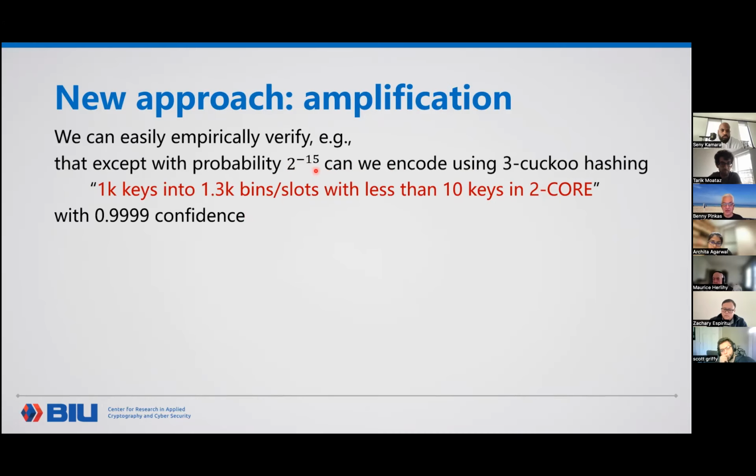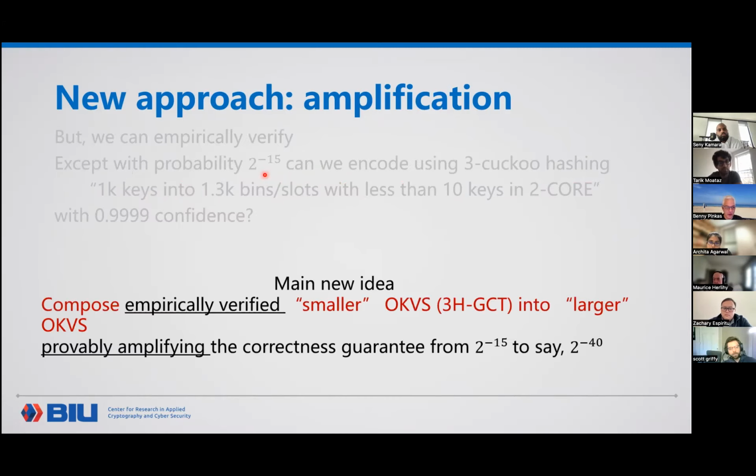This we can very easily verify, because this just means running like 2 to the 15 or maybe 2 to the 20 experiments. And the experiments are with 1,000 keys, so I can run them with Python on my laptop. That's very easy. So this is something we can verify, and somehow we want to amplify this to a claim about large tables. Okay, so we want to compose empirically verified smaller OKVS into larger OKVS.